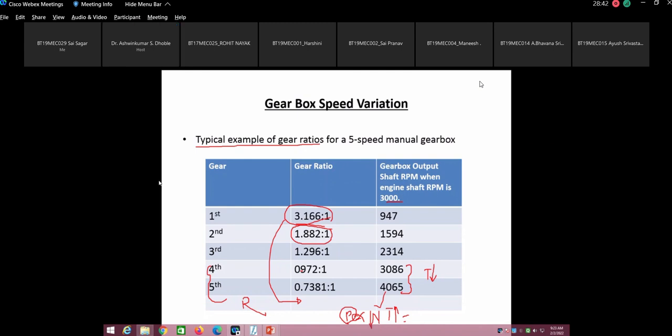Sir, please let me know, have you studied the engine characteristics by any chance? Can you tell me what is the shape of the graph of the engine power?